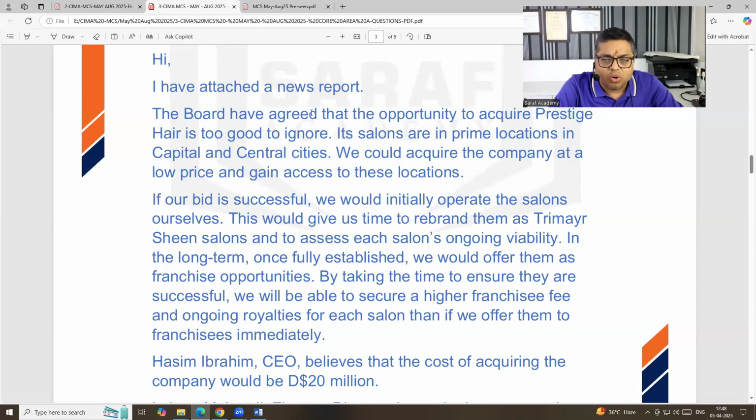On the loan money, loan providers require 10% return. On the shareholder money, shareholders require 15% return. Shareholders always require high return. Why? Because shareholders are taking more risk. If the project is not able to generate return, still the loan provider will be given 10%. But if the project is not able to generate return, the shareholder will get nothing.